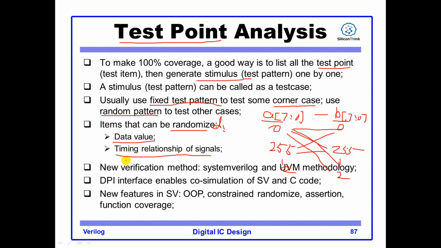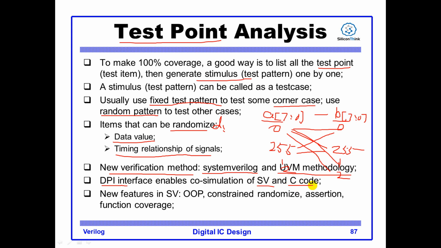As the complexity of the design increases greatly these years, new verification methods have been introduced in recent years, in this decade, such as the SystemVerilog language and the UVM methodology. In SystemVerilog, you can use the DPI interface that will enable you to co-simulate SystemVerilog code and C code.